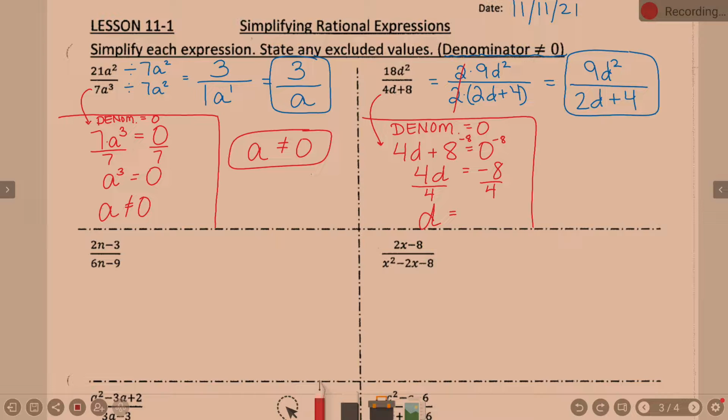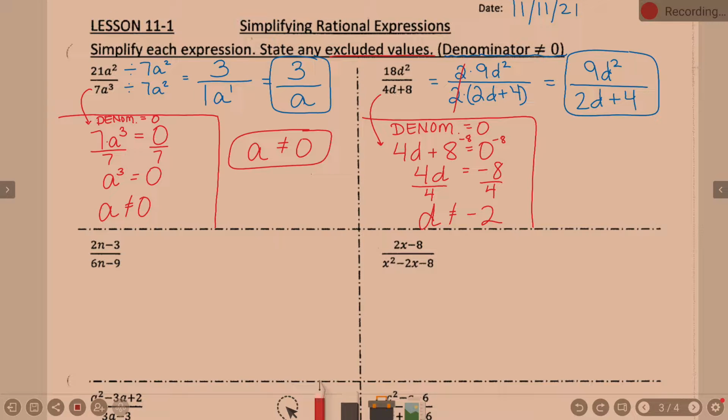Negative 8 divided by 4 is negative 2. What is that? This is my excluded value.